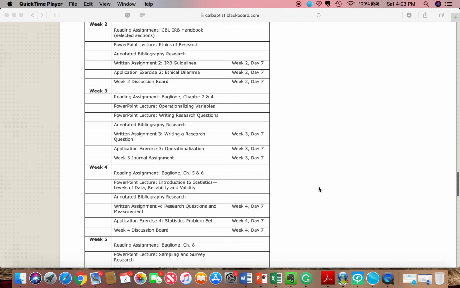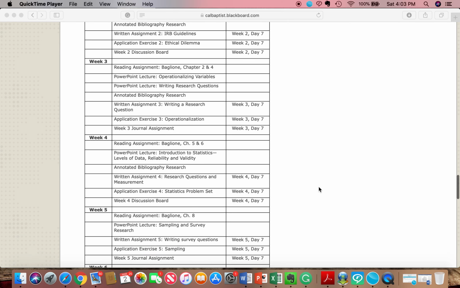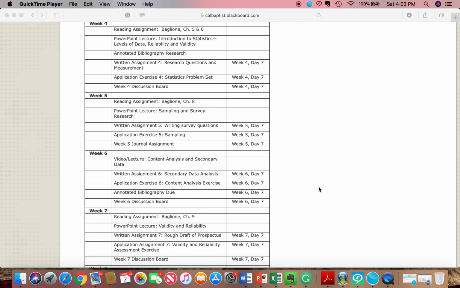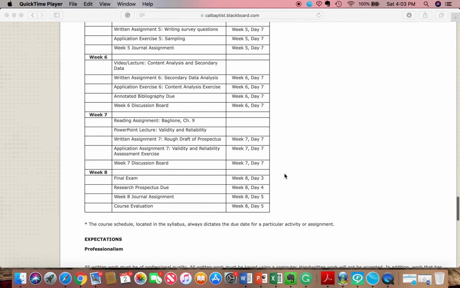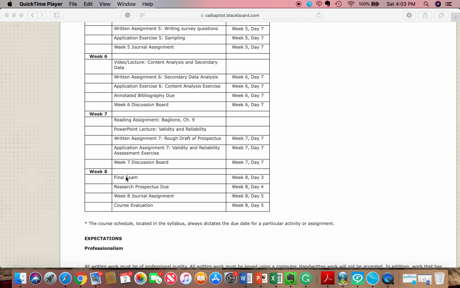As you look through each week, you see that there are 3 deliverables typically on each week, with a 4th deliverable in week 6, and our week 8 is where there is some adjustment that needs to be made. You'll see that our final exam, our prospectus, our journal, and our course evaluation all have variations on dates.